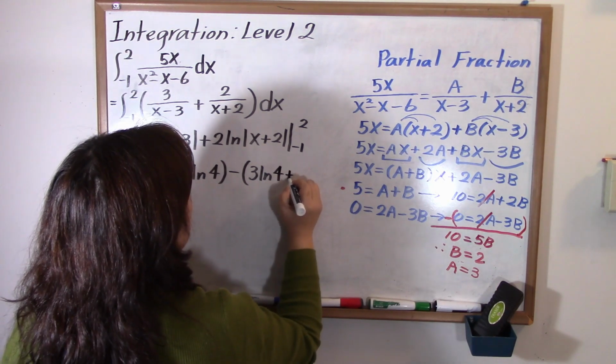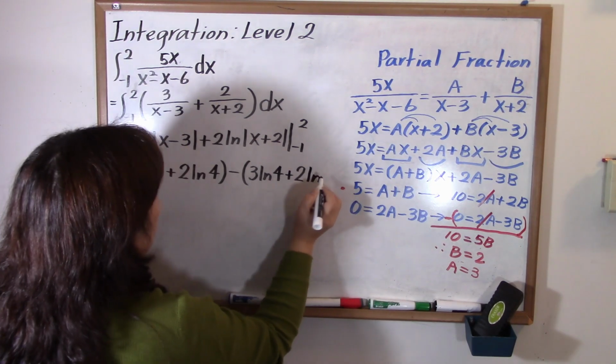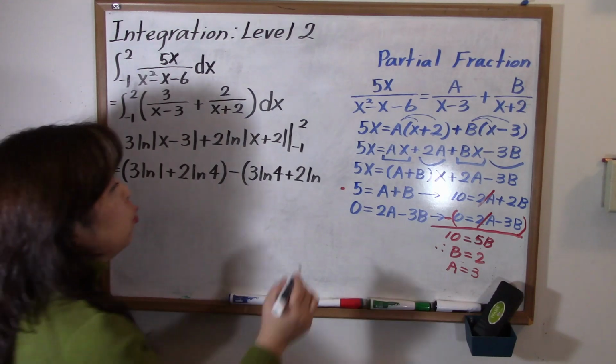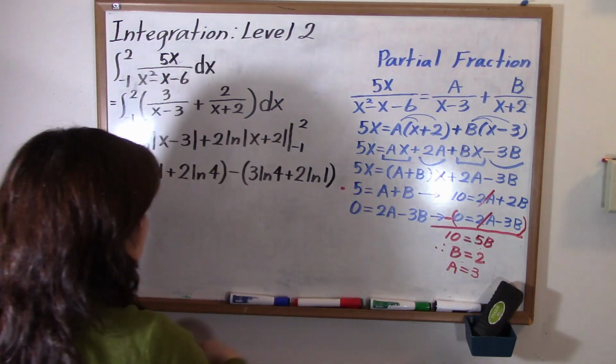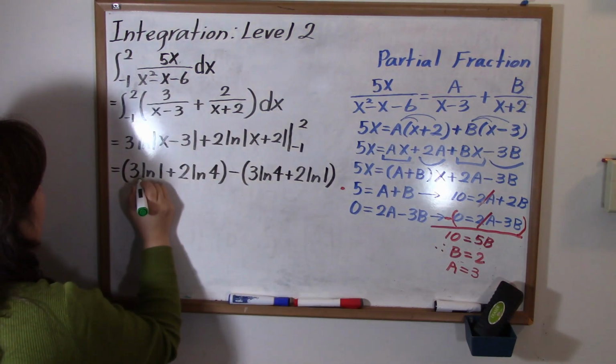So plus 2 ln absolute value of negative 1 plus 2 is 1. So it's 1.